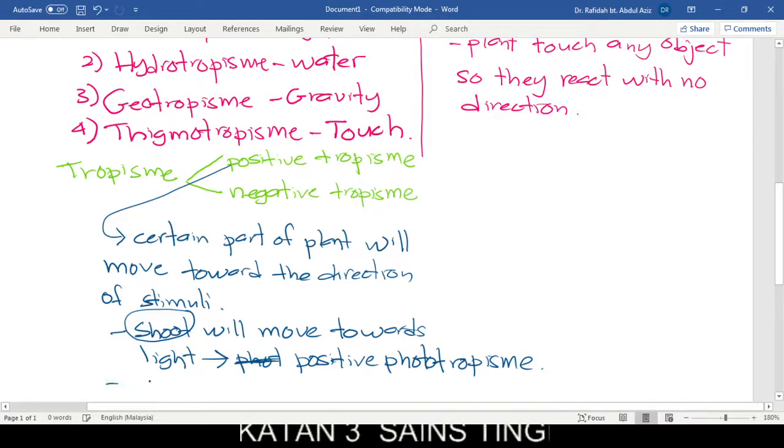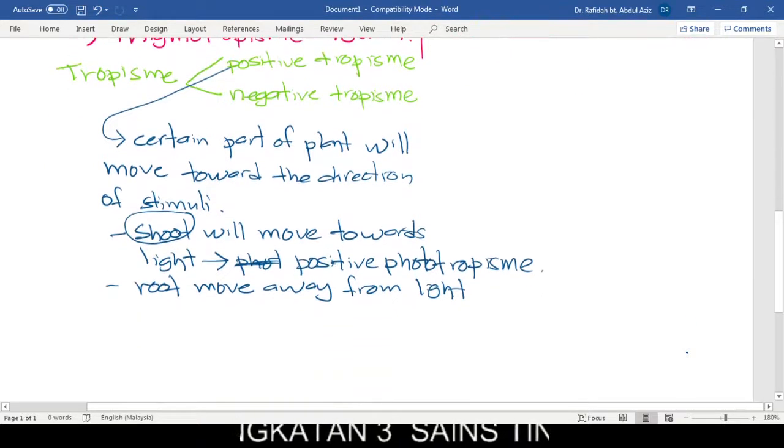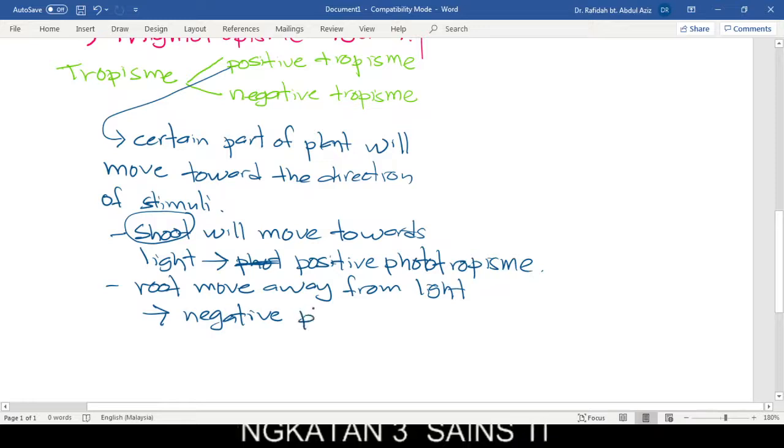If roots move away from light, we call it negative phototropism.